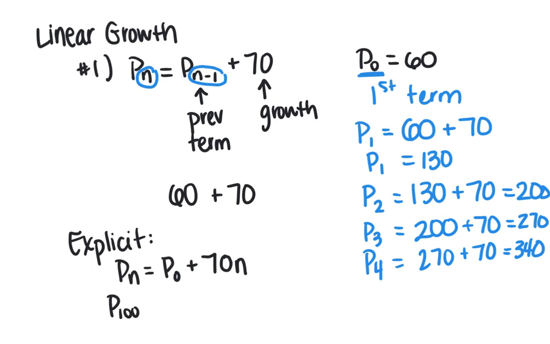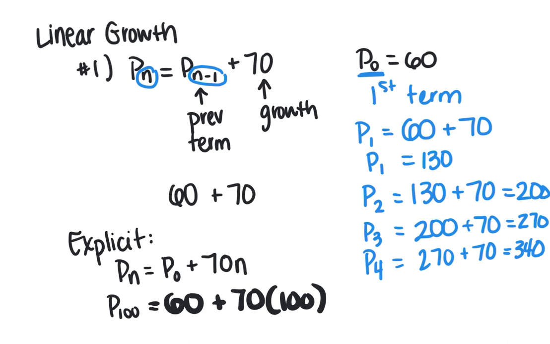P100 would be found by taking that initial term of 60 and then adding 70 100 times, because that's how many times we would have to add that 70 if we were trying to work all the way to the 100.